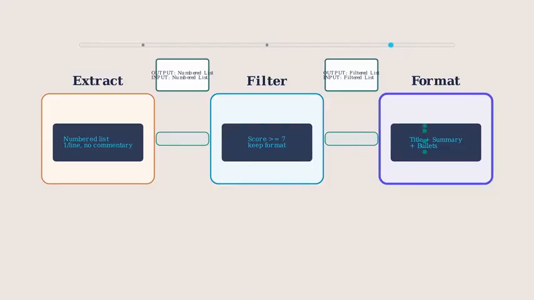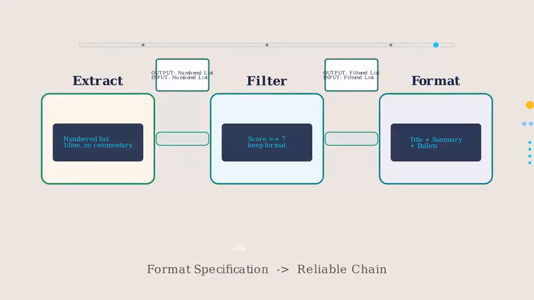For Stage 3, you will receive a filtered numbered list of facts. Format them into a report with this exact structure: a title header, a one-paragraph summary, followed by a bullet point list of the key findings. Now every stage knows exactly what structure it's receiving and exactly what structure it must produce. The chain becomes reliable, not because you got lucky, but because you engineered it.